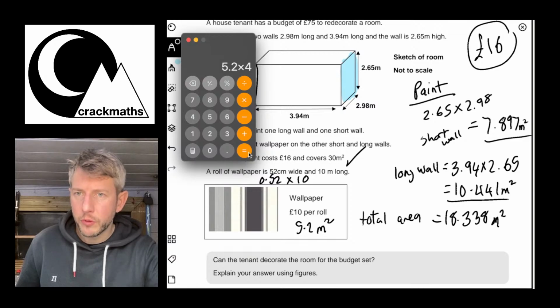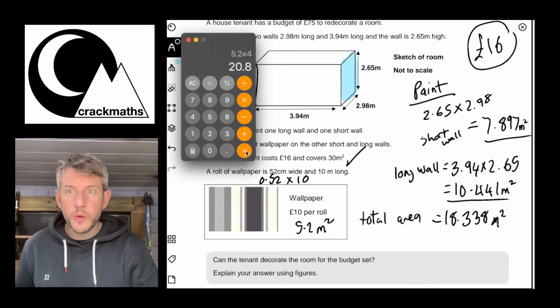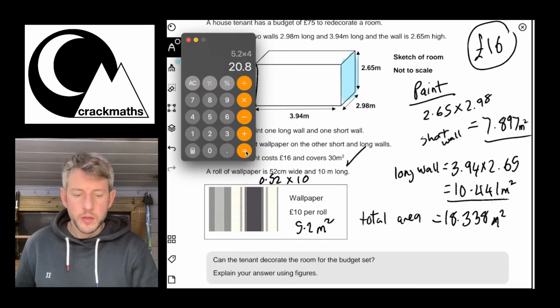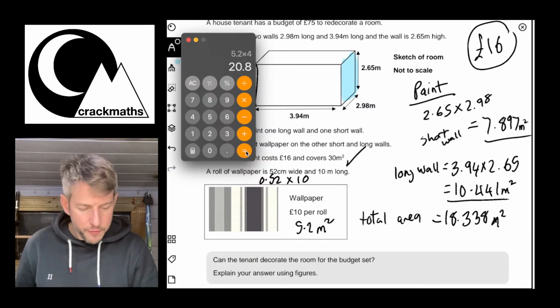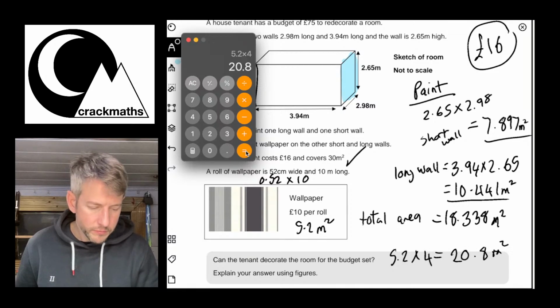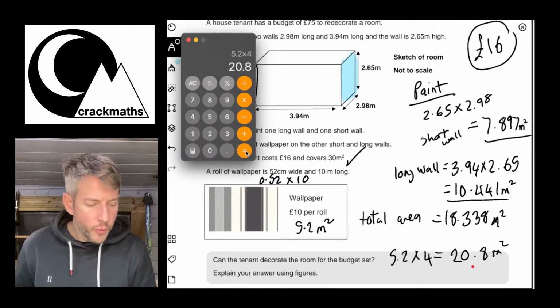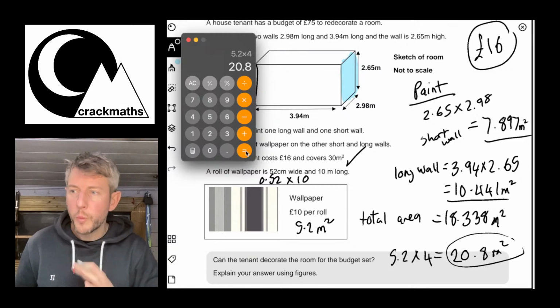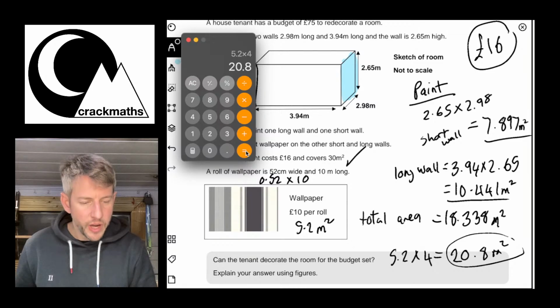We're going to need that 4th roll. So 5.2 times 4 equals 20.8 meters squared. That is enough wallpaper to cover it. So we know we need 4 rolls of wallpaper.